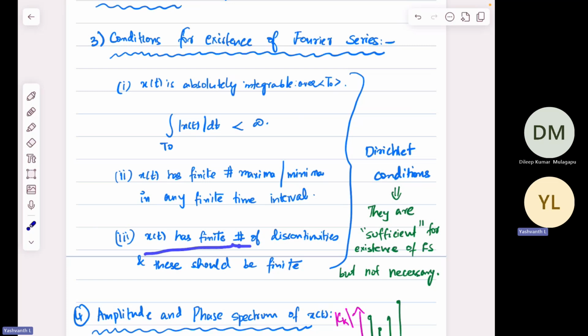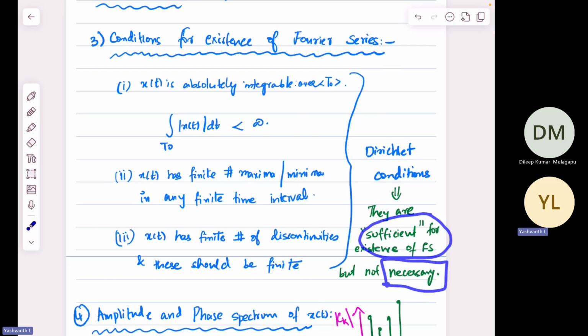Third, x of t has a finite number of discontinuities, and these discontinuity values should also be finite gaps, not infinite gaps. If you know that the signal satisfies these conditions, then you are guaranteed that the Fourier series will exist. These are only sufficient conditions but not necessary.